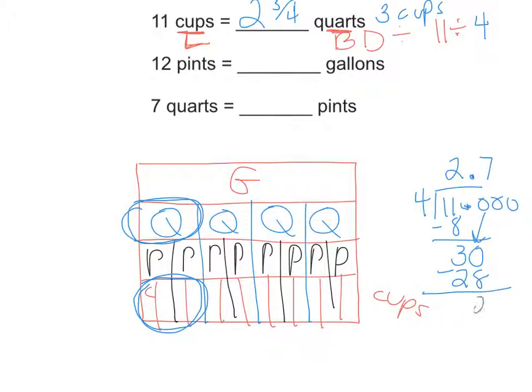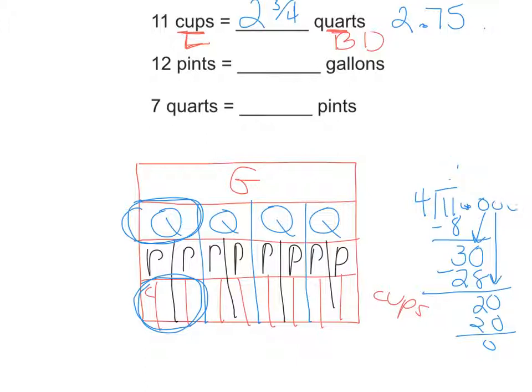I subtract, I get 2, bring down the next 0. 4 will go into 20 5 times, and that will be perfectly even. So I could say that my answer is 2 3/4, or 2 quarts and 3 cups, or as a decimal, this would be 2 and 75 hundredths quarts. So I have several options as far as changing from unit to unit.